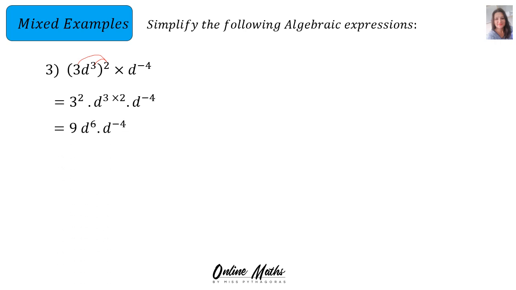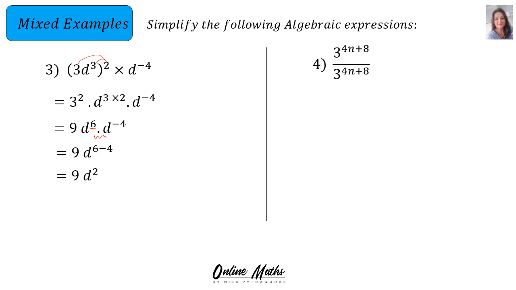And then you will say 3 times 2 is d to the 6. And I also said 3 squared is 9. But I'm not done yet, because there's a multiplication. The bases are the same, therefore you can add exponents. So that one will be 9d to the power 6 minus 4, which is 9d squared.